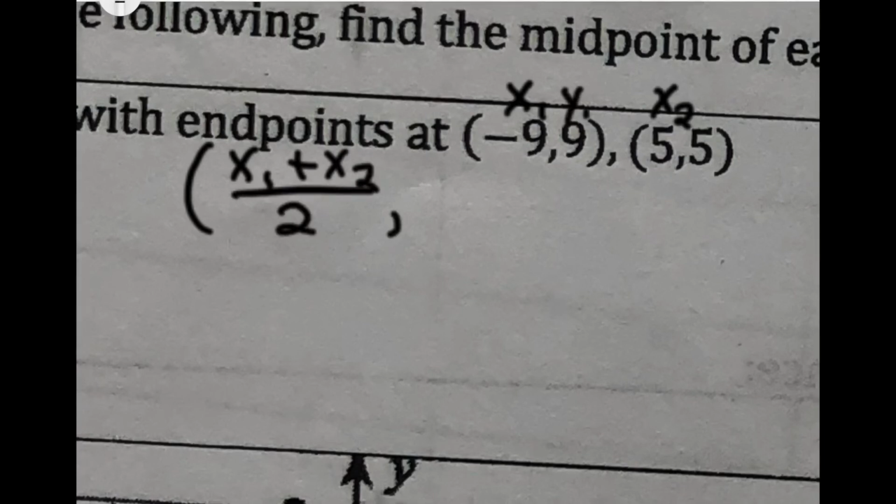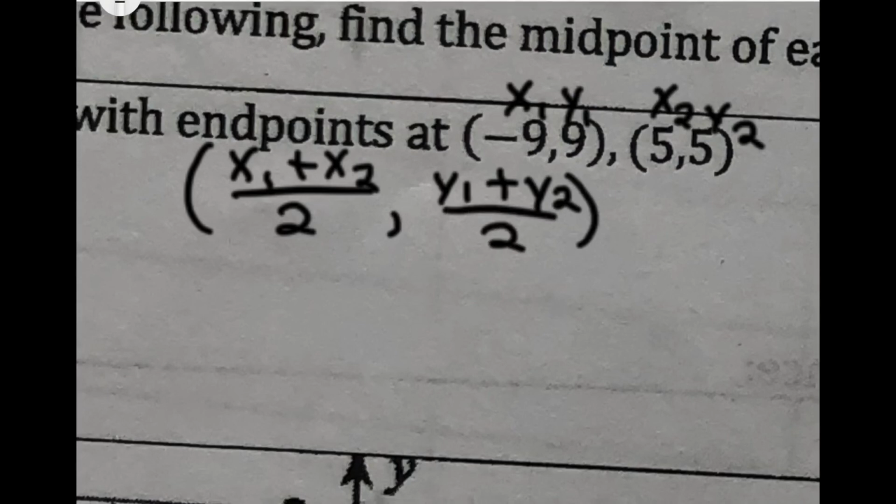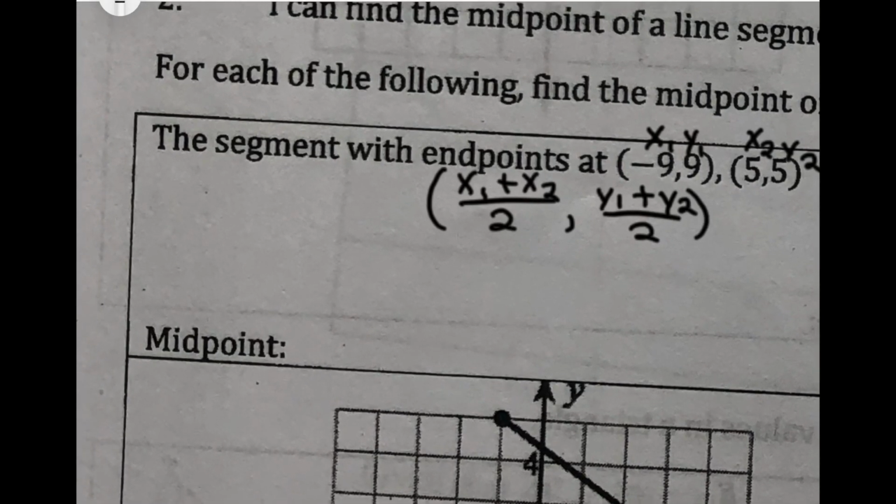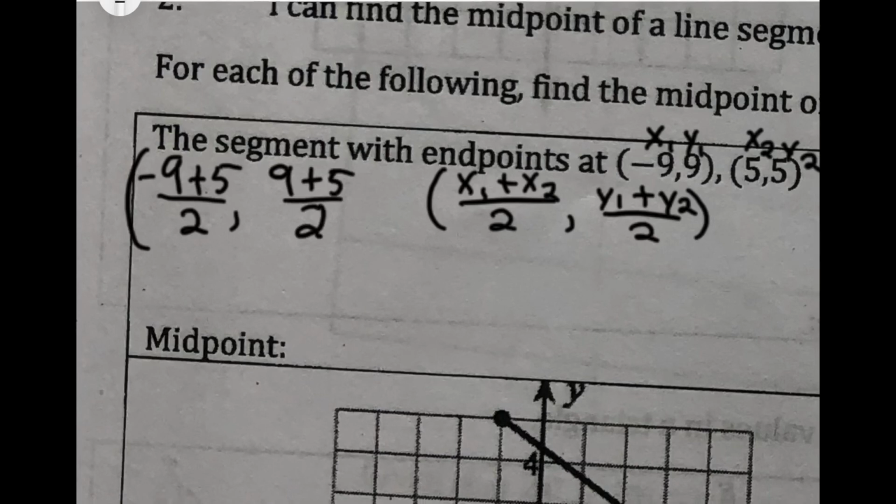And then you would have your y1 plus your y2 all over 2, and that would give you your y value for your midpoint. So in this case, we have negative 9 plus 5 divided by 2, and we have 9 plus 5 divided by 2.